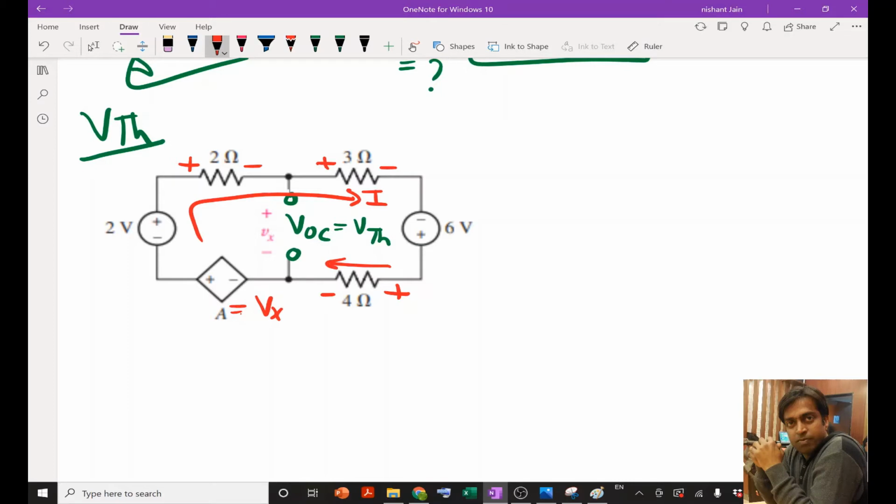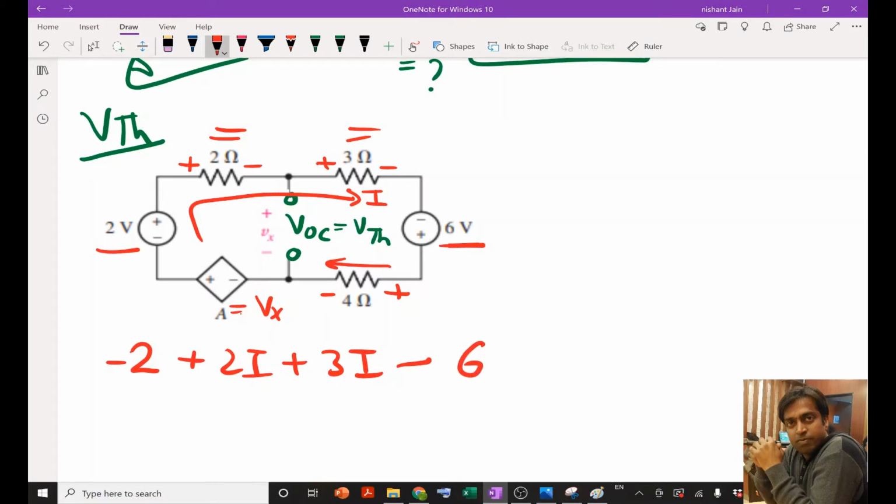So if I now write a KVL equation for this loop, then I can write minus 2 plus 2i for this resistor. For this resistor it will be plus 3i. Now this is from minus to plus, so it will be minus 6.